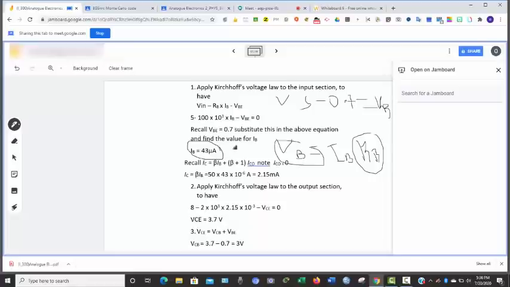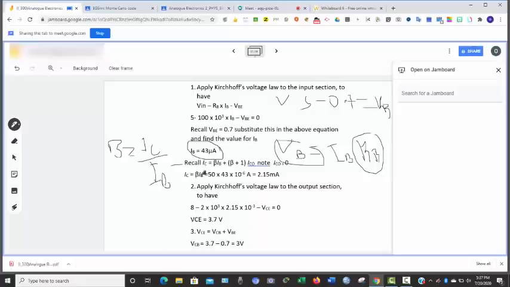If I've been able to get my IB, IC is equal to beta IB plus ICO, and we're told that this ICO is equal to 0. ICO most of the time is approximately equal to 0. Ordinarily, when you get to this point and you want to calculate, it is just when you say beta is equal to IC over IB.